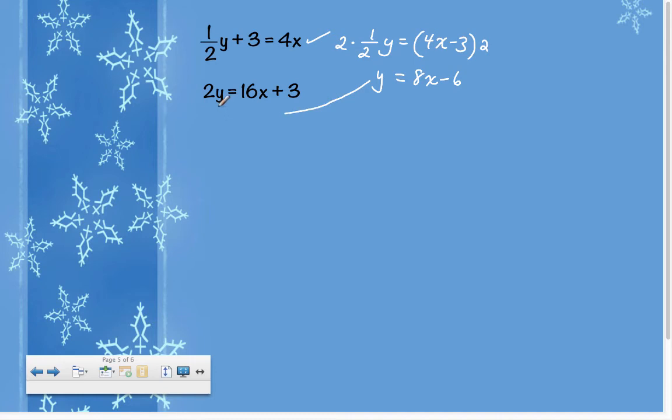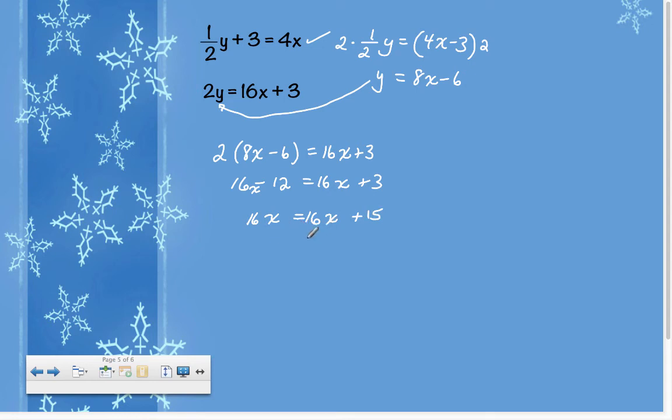Every time I see a y, I'm going to substitute in 8x minus 6. And solve away. Add that 12 to the other side. Bring this 16x over here.